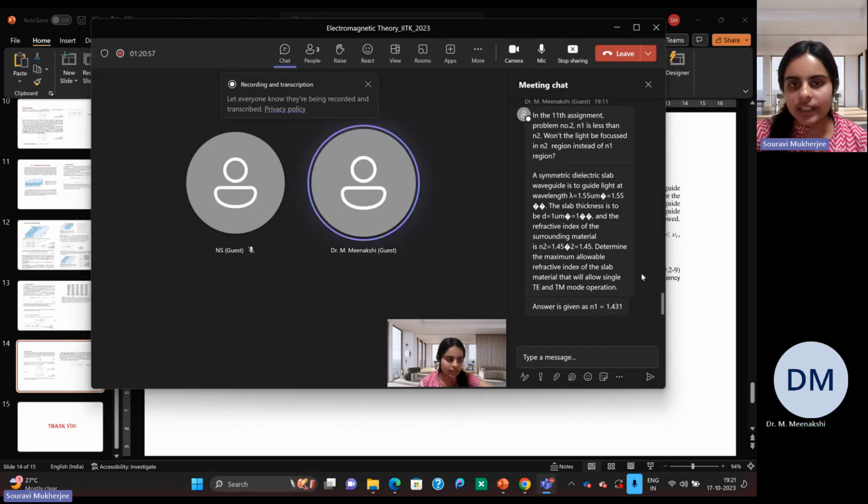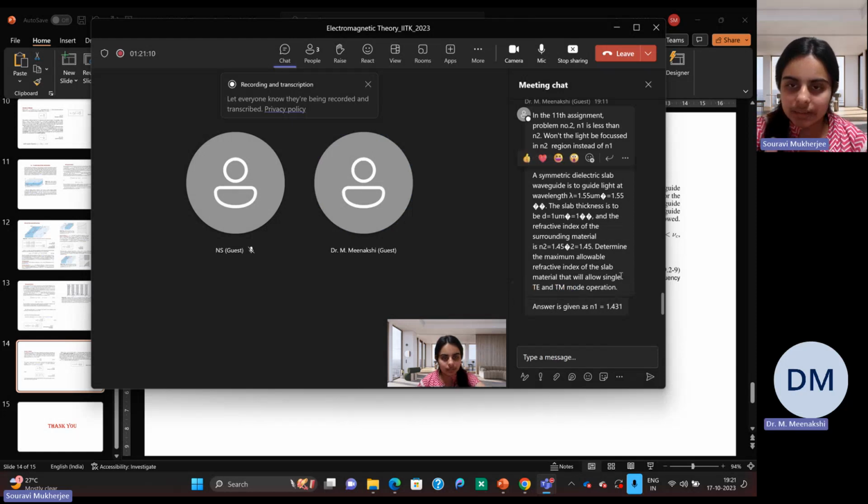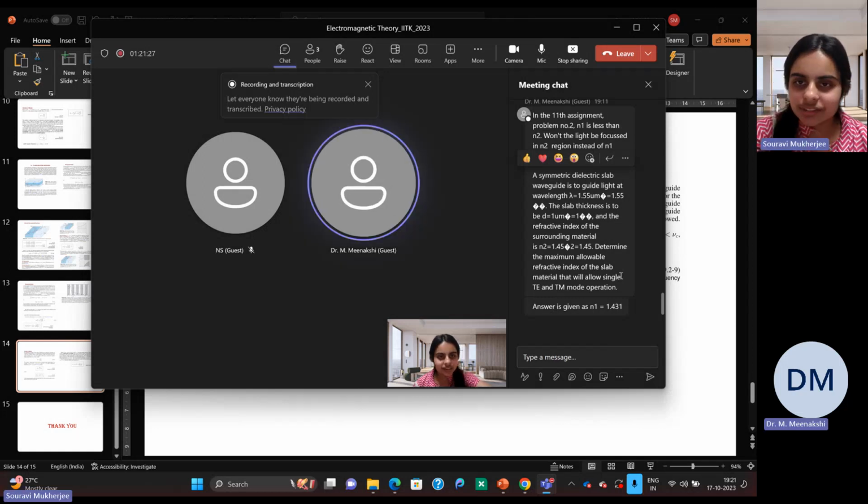For my part, what I was supposed to do is just discuss the concepts and try to help you out if you are stuck. So I don't know what might have gone wrong in this question, but always the core has a greater density than the cladding. The only answer that is above the 1.45 value is 2.